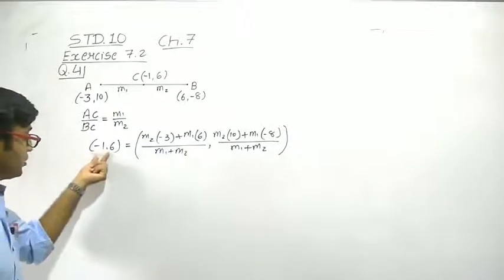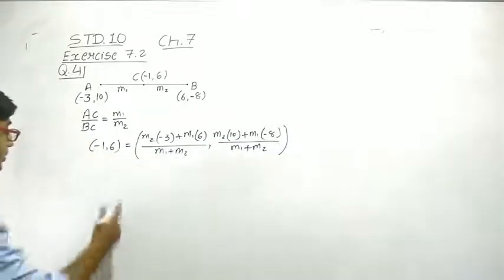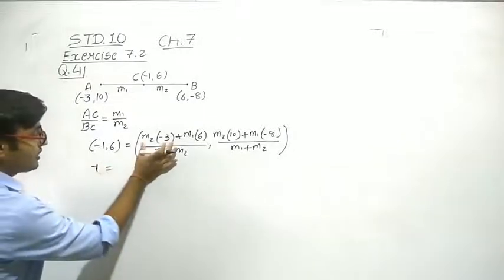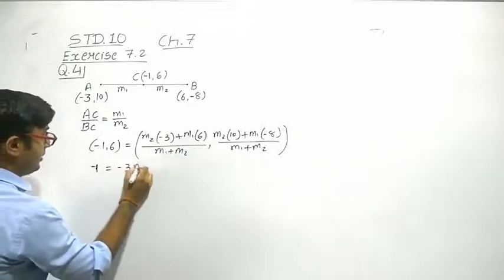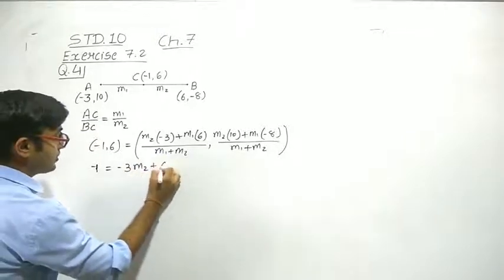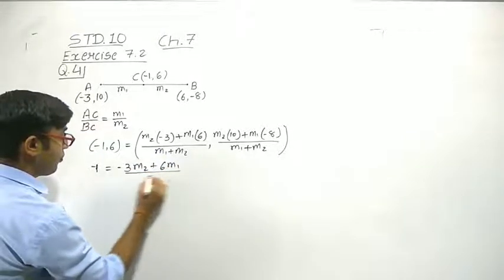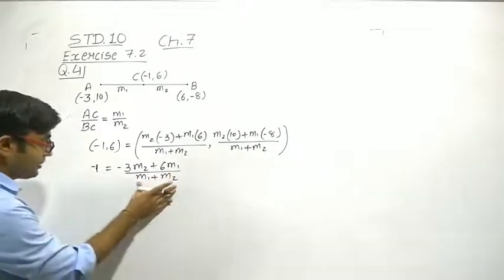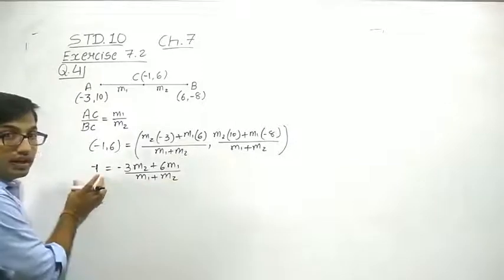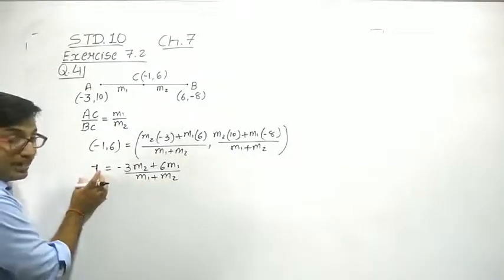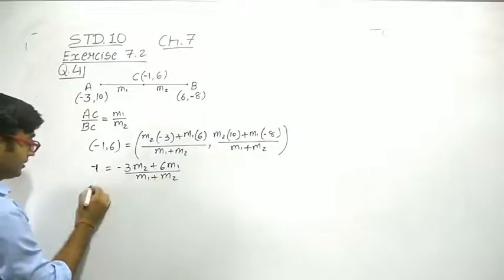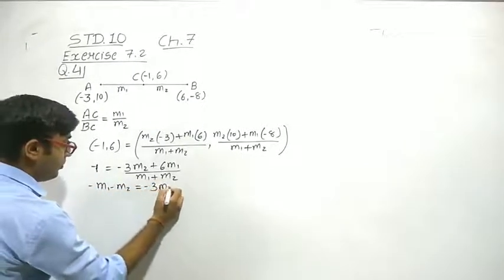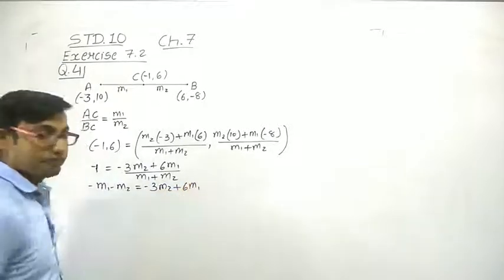So we can write -1 equals this one. When we simplify, we get -1 equals (-3m2 + 6m1) upon (m1 + m2). Now take this m1 plus m2 to the left hand side, so it will multiply with -1 and both terms will become negative: -m1 - m2 equals -3m2 + 6m1.